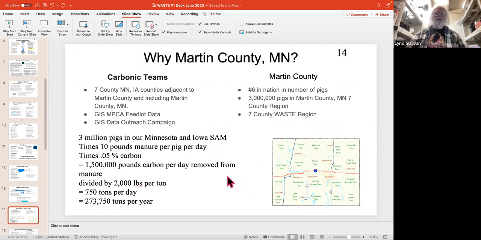Knowing the volume of manure produced in the United States, knowing that Martin County itself is number 6 in the nation in terms of the number of pigs, knowing that I wanted a Minnesota starting place, I said, okay, I'm going to start with Martin County. And Martin County has 800 some thousand pigs.